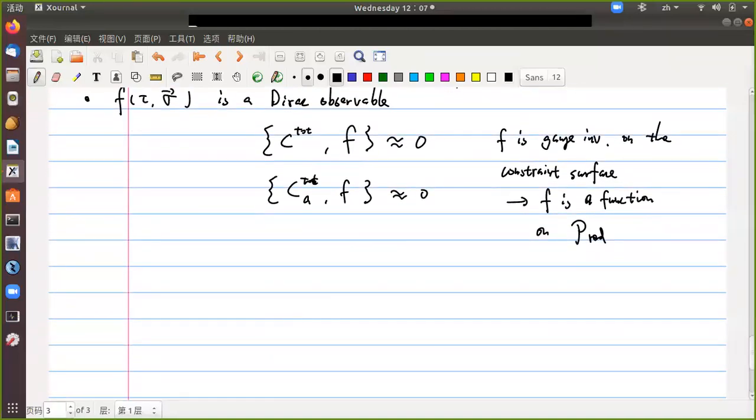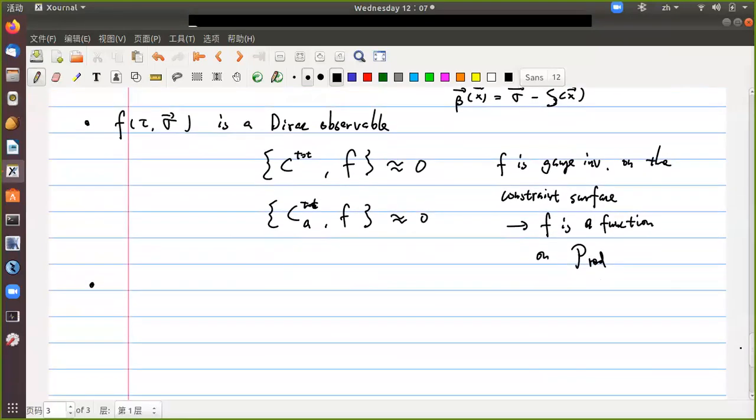Now let's come to the philosophy behind this construction. This F is parameterized by values of dust fields.